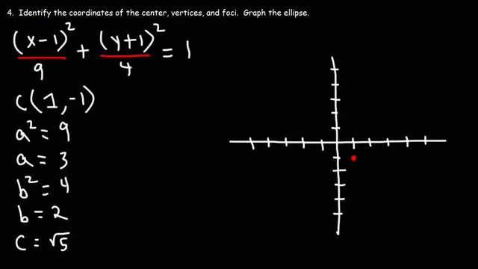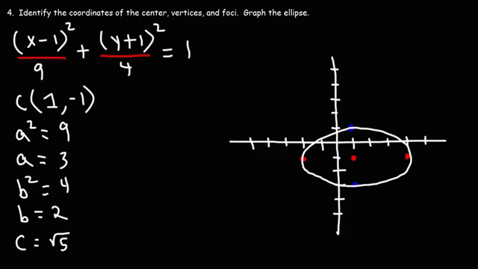So we're going to travel 3 units to the right and 3 units to the left. B is 2, and b squared is under y squared. So we're going to go up 2, parallel to the y-axis, and then down 2. So that's how we can graph the ellipse in this problem.